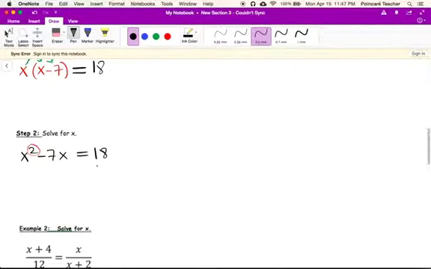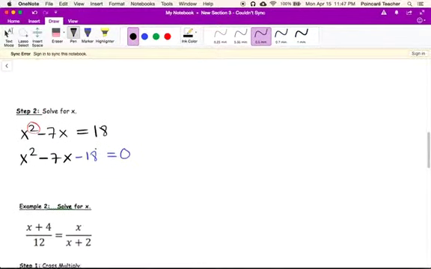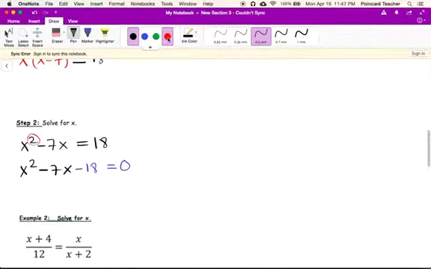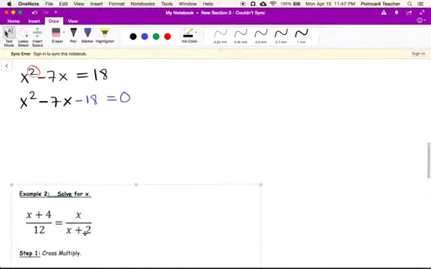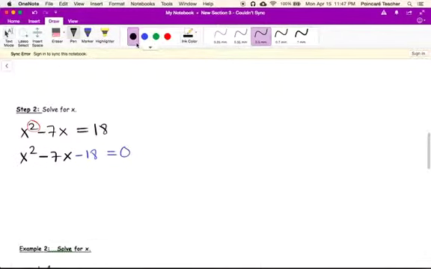So that means I have to bring all the terms to the same side. I'm going to bring this 18 to the other side by subtracting it. So I'll have this when I subtract it over. For solving for x, let me just move this further down. Okay, so that means I'm going to factor this.